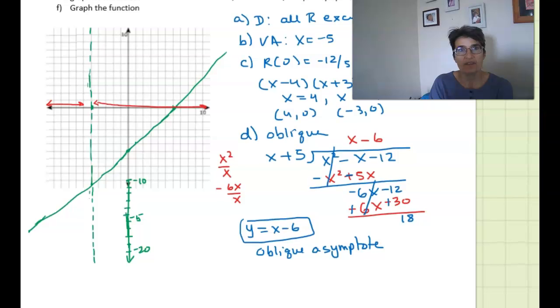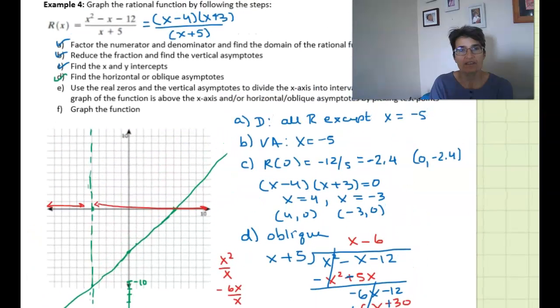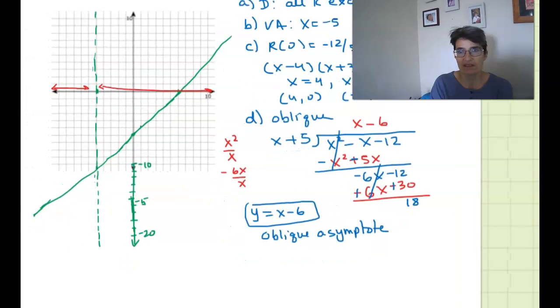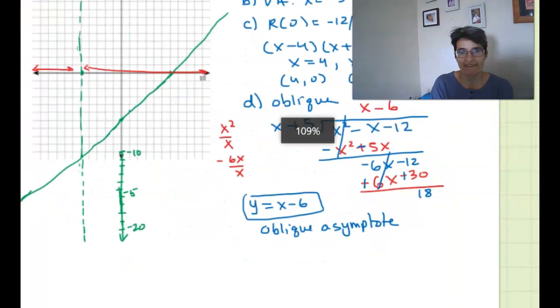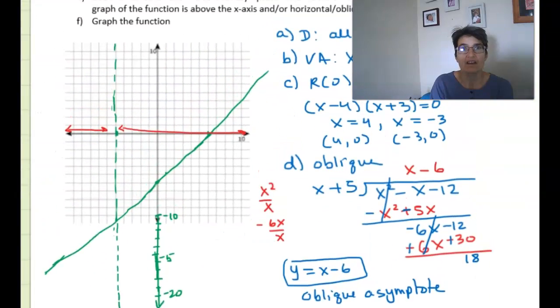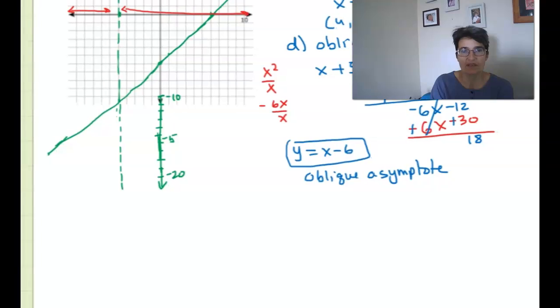And so we're going to take our function. Let me write it again. So I'm going to write it here. (x - 4)(x + 3) divided by x + 5.